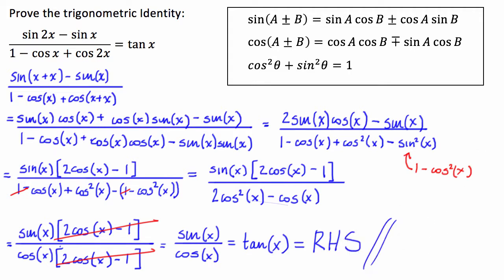So, what did we do, guys? Well, the first thing that we did is we split up these sine of 2x's using our angle sum identity. We are able to say that sine of 2x is equal to sine of x plus x, and the same with cosine of 2x. These questions in exams, mate, are massive.